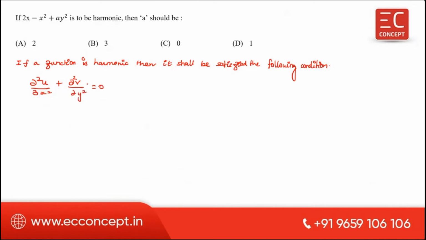So this is the condition. If a function is harmonic, then the function shall satisfy this. Now what we can do, let us take u equal to 2x minus x square plus a y square.